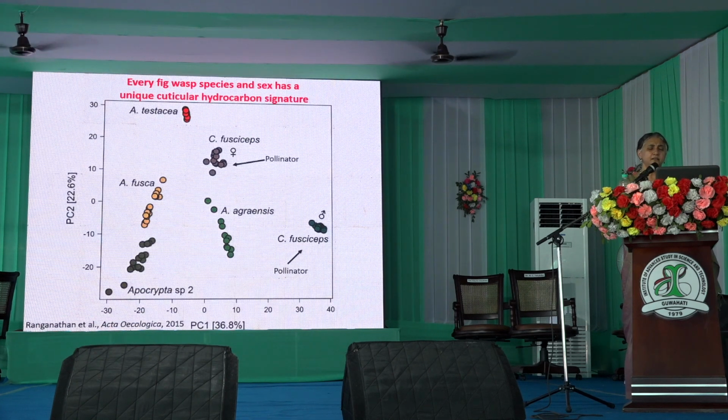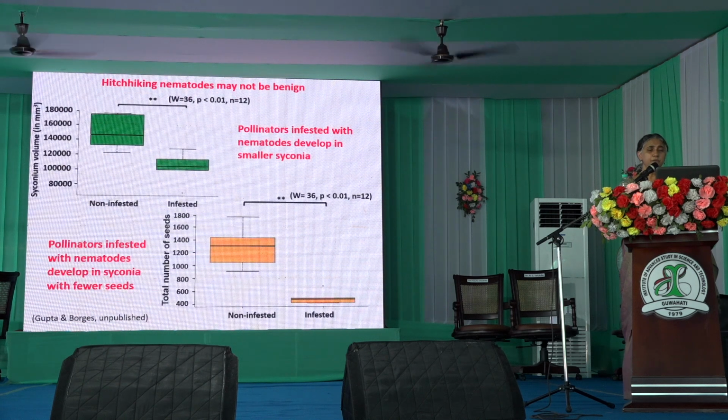We think they are using a combination of volatiles coming from the wasps and the cuticular hydrocarbons present on the surface of the wasps. Now, hitchhiking nematodes are not always benign, and my student is currently looking at how these nematodes affect the mutualism between the pollinating fig wasps and the figs.